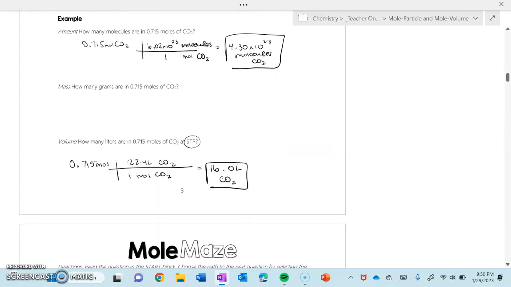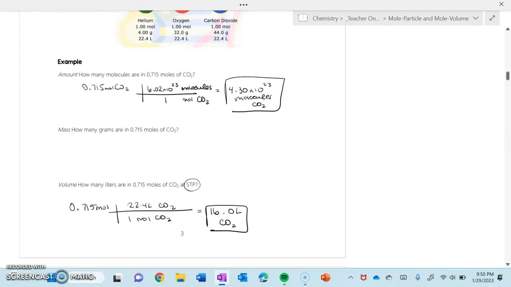So let's do this third example. Same amount, but we're going to see how we have a different volume and mass as we're working through these. So our molar mass of carbon dioxide, you'll need to add those up from your periodic table. So just to review, carbon is 12.01, oxygen is 16, and you have 2 of them.